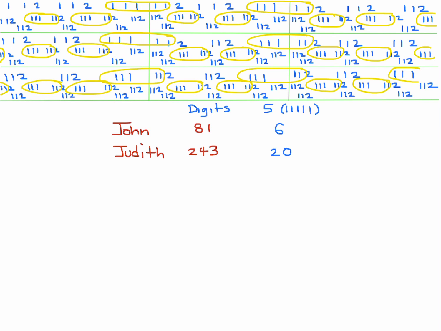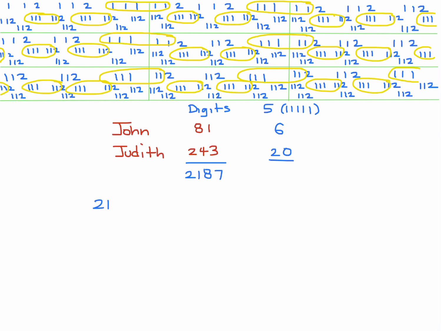At this point, I said, well, Judith's first 243 digits are the exact same as John's. Judith's first 2187 digits are going to be the same as John's. So if we have 20 in 243, then perhaps it will be the same in terms of a ratio for 2187. Well, let's see.